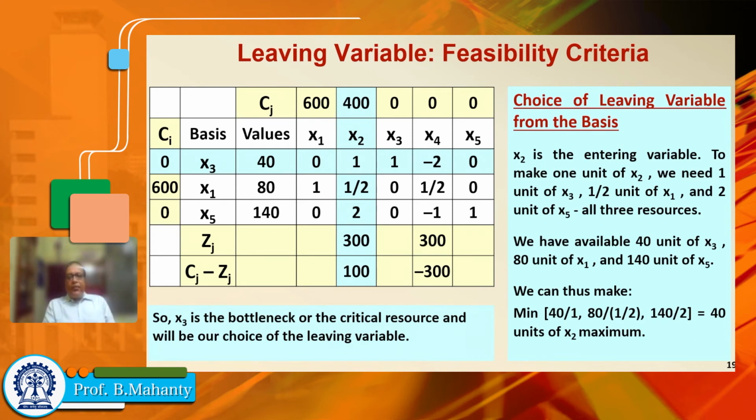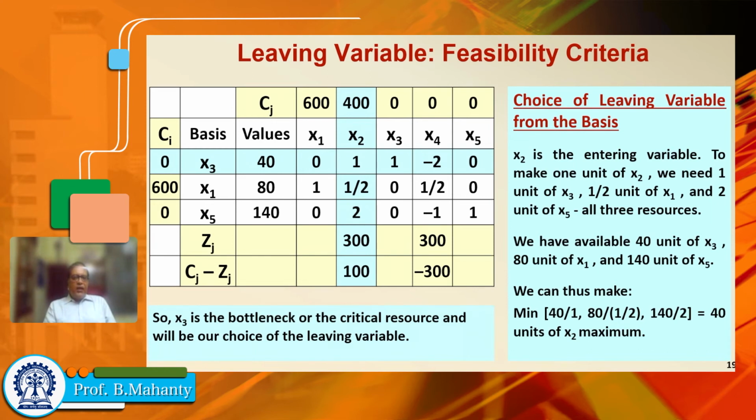See, x2 is our entering variable. To make 1 unit of x2, we need 1 unit of x3, half unit of x1 and 2 units of x5. All three resources. We have available 40 units of x3, 80 units of x1 and 140 units of x5.